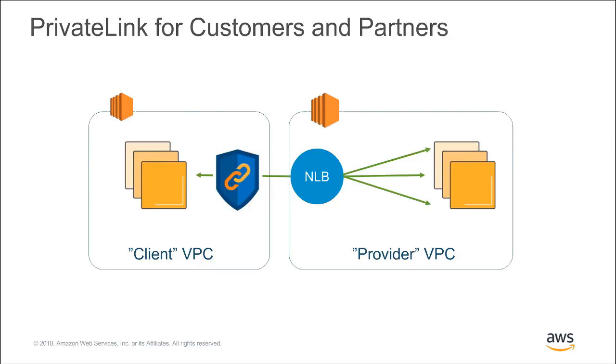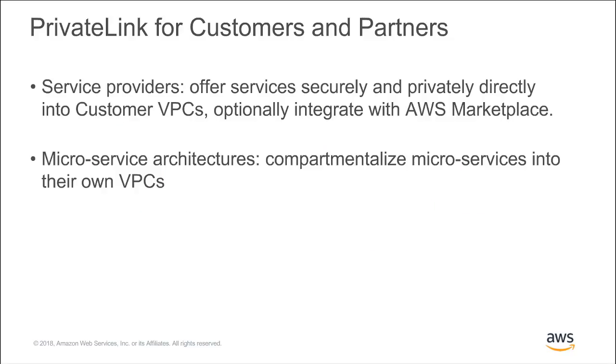And so the way that this is useful is for 2 main use cases. One is for service providers. If you want to offer services securely between or directly into customers' VPCs, just as we do, you can now do this with AWS PrivateLink. And you can also optionally integrate with the AWS Marketplace to sell them via our SaaS Marketplace.